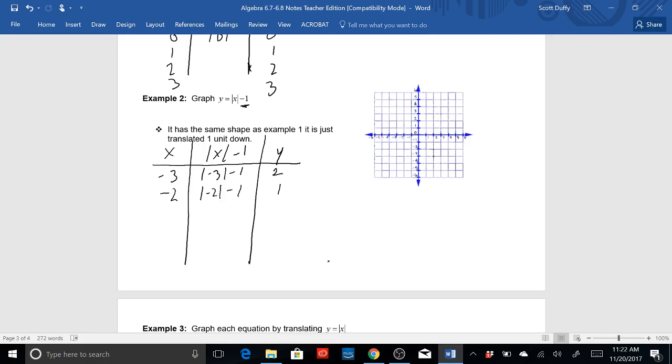So I have (-3, 2) and (-2, 1). For -1, the absolute value is 1, minus 1, that'll make it 0. So (-1, 0). Then 0: absolute value of 0, minus 1 is -1.